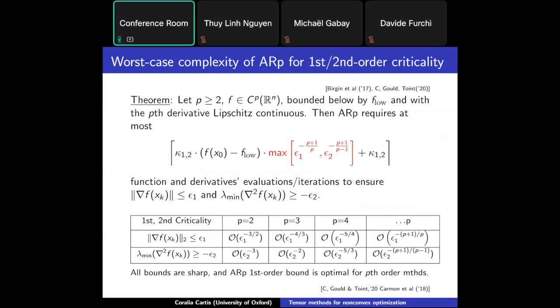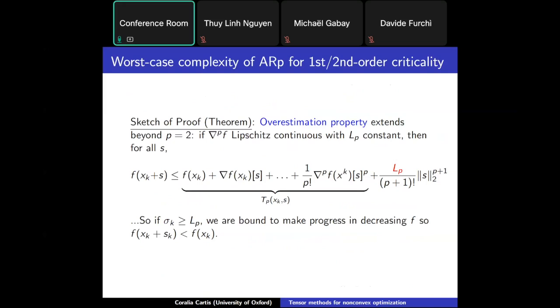So I'm using the smoothness of f, I'm using the oracle to third order, and that's the corresponding bound. And I cannot do better than this with this kind of function smoothness and problem oracle.